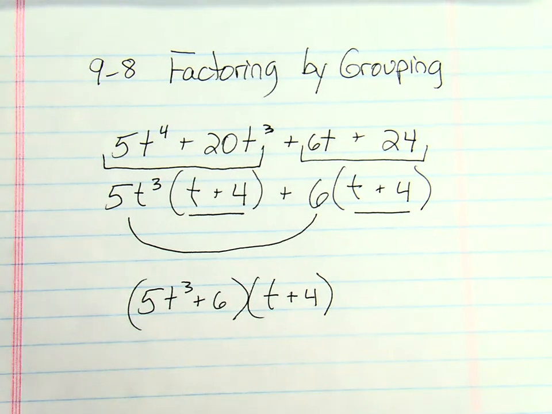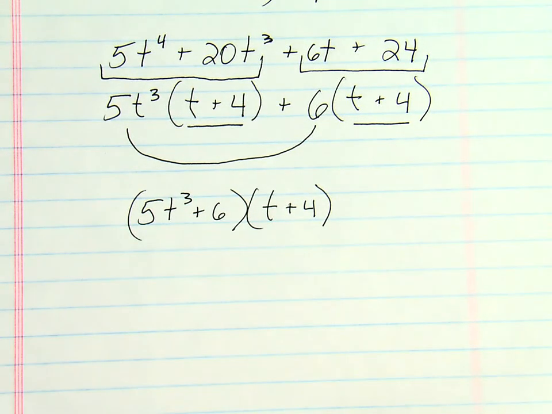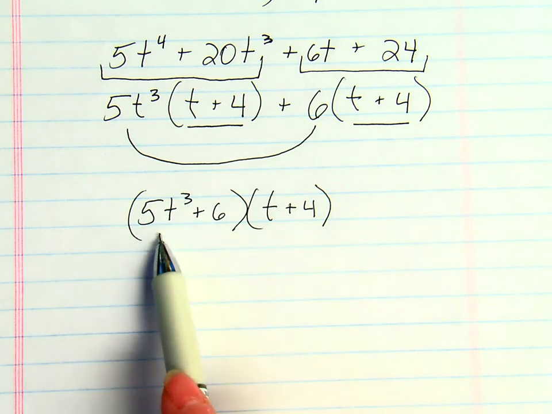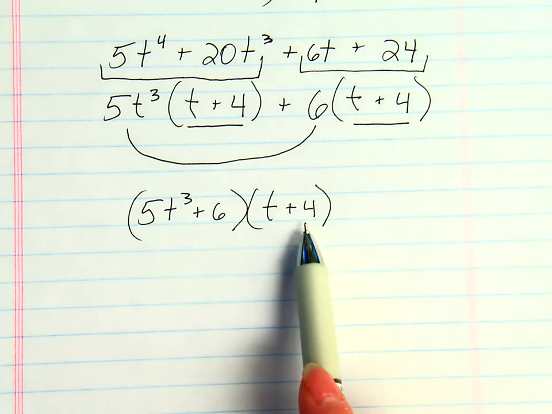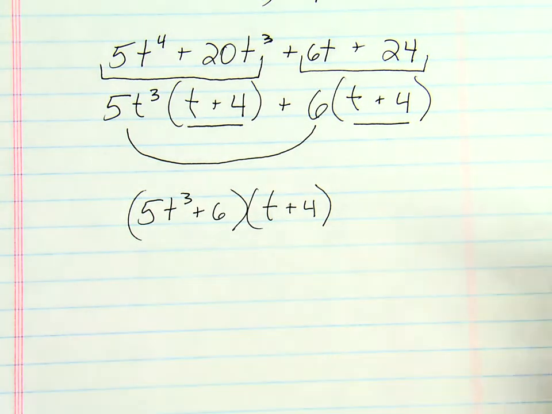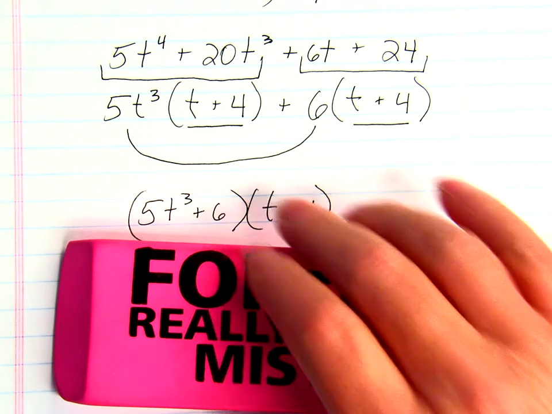Now, just because we need to make sure we absolutely understand this, I'm going to go ahead and FOIL what we have left. So I have first 5t cubed times a positive 4. Well, of course, I'm doing first and last. Really, I need to just put this in here again because obviously I've made a mistake.